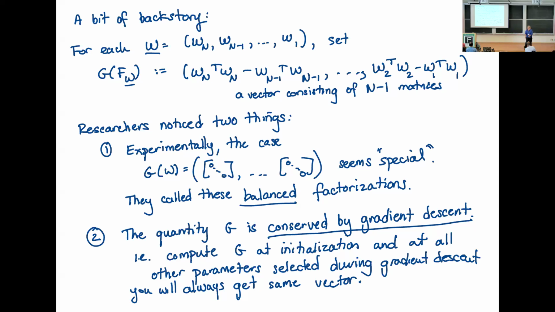There are a number of papers about this. They call these balanced factorizations. Of all the possible ways to represent a certain product, there are lots of different ways to factor it into matrices. For each of these factorizations, we can compute this quantity G, and those for which G is the zero matrices we call balanced. Somehow these seem to be special. I'm not familiar enough with all the literature to say exactly in what ways people have noticed this, but they have drawn attention.